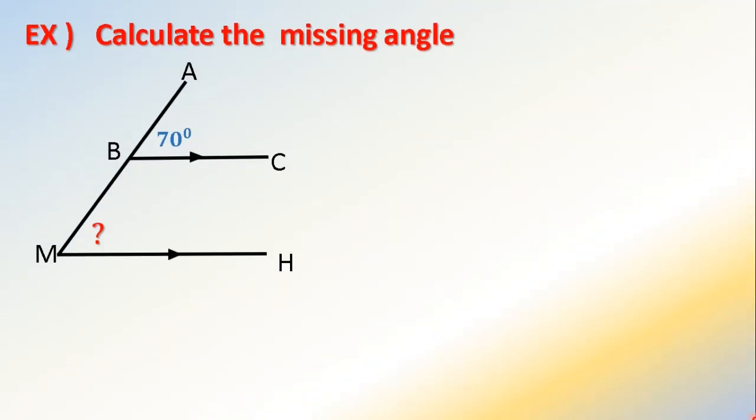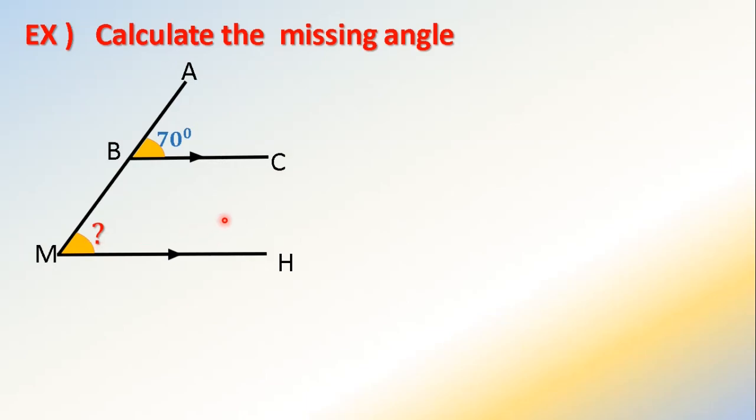Good. In this exercise, we need to calculate the missing angle. How can you find the measure of angle BMH? In this figure, we have the two lines BC and MH are parallel. So this angle and this angle are corresponding angles and they are equal. Good.